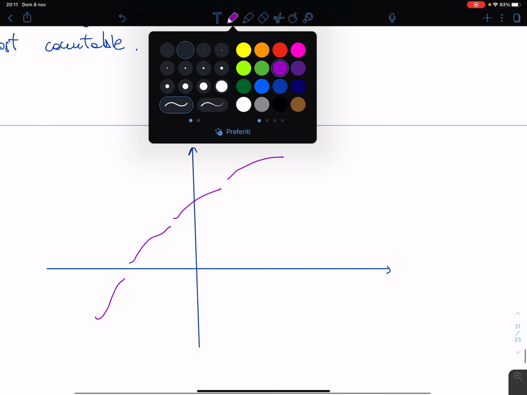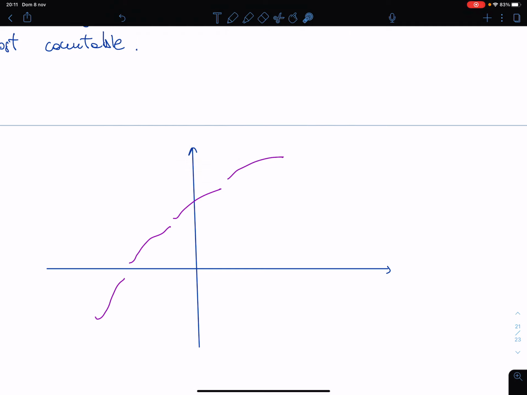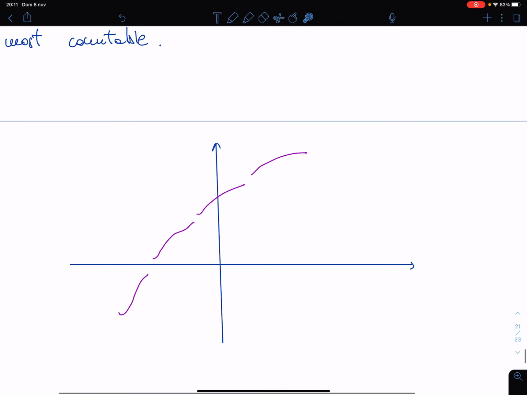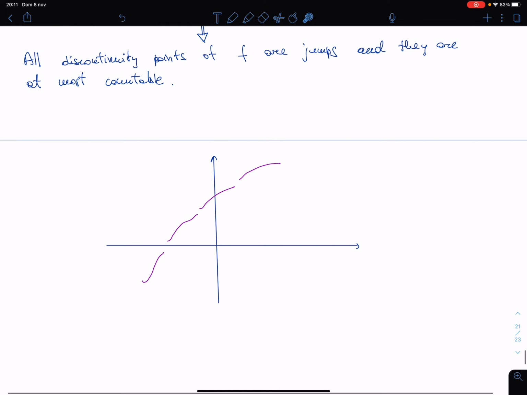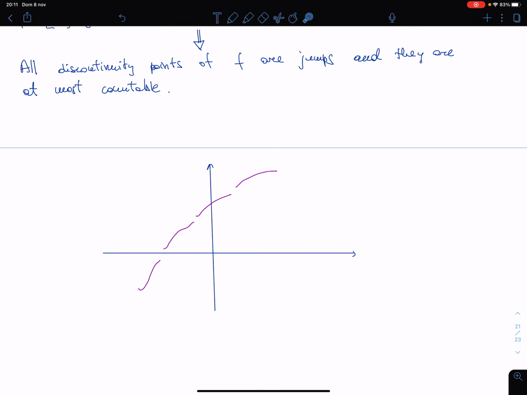Because here you cannot go to plus infinity, because otherwise you cannot continue the function here. And also here you cannot go to minus infinity because you must stay above that. Okay? The point that it is difficult to understand is that the number of these discontinuities is countable. But okay, if you understand it well, good; if you don't understand it, don't think of it.